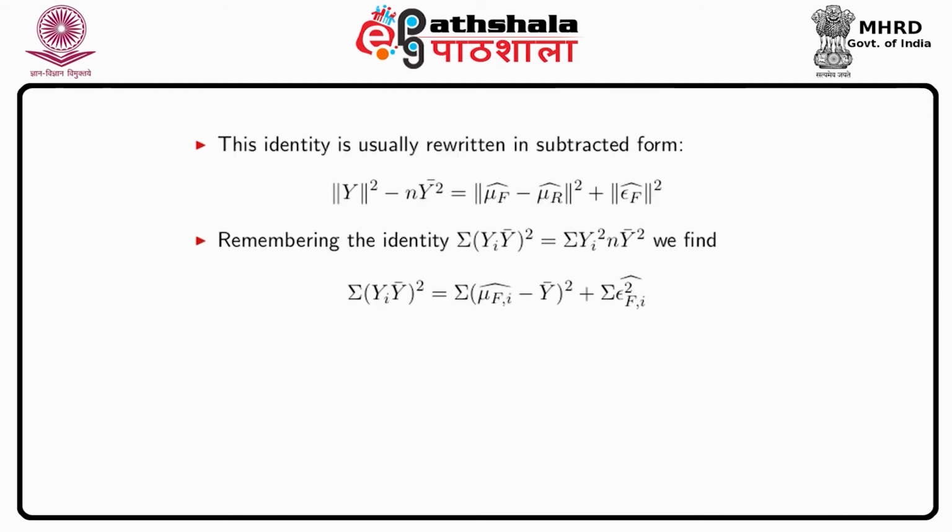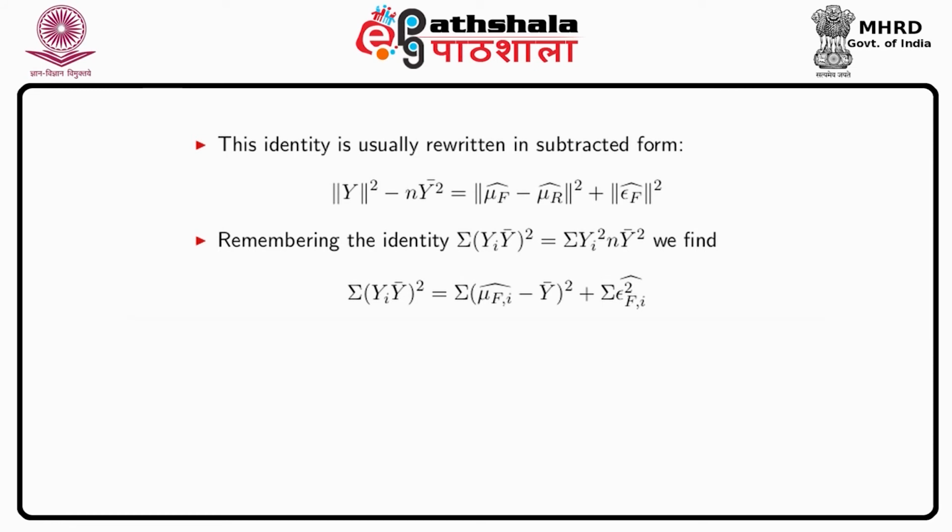So this identity is usually rewritten with n times y bar squared taken to the left hand side. So we have the squared length of y minus n times the square of y bar equals the squared length of mu f hat minus mu r hat plus the squared length of epsilon f hat.